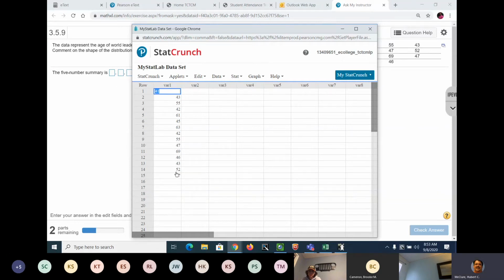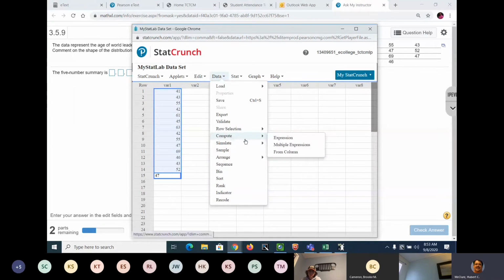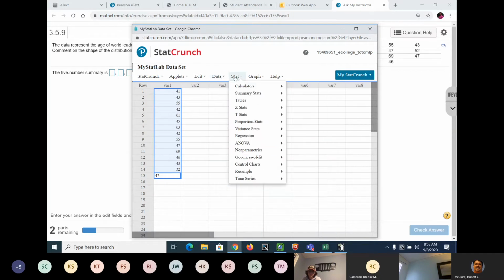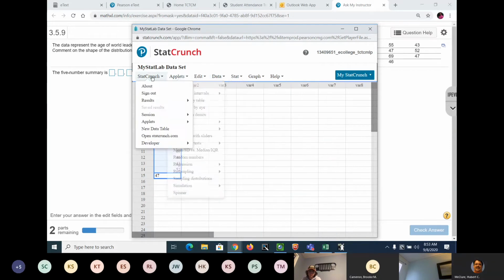So first of all, you've got to put them in order. I'm not very up on this. So data, and I guess you would arrange. No, I really don't know how to use StatCrunch. I thought you'd put them in order. Let me see if I can find it.